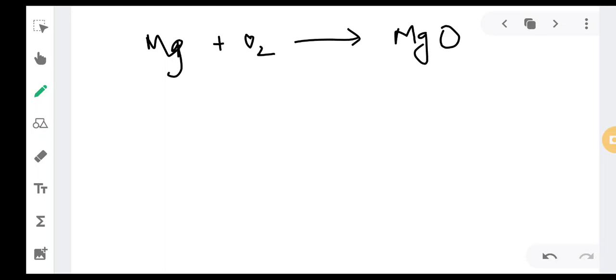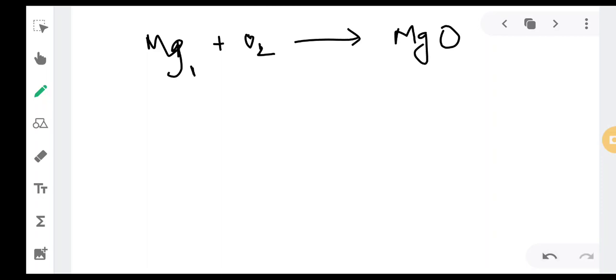Whenever you are writing the chemical equation, if there is no number given to magnesium, then magnesium is only a single atom, you should know this. So how many atoms of magnesium are there? There is only one atom of magnesium. How many atoms of oxygen are there? There are two atoms of oxygen.